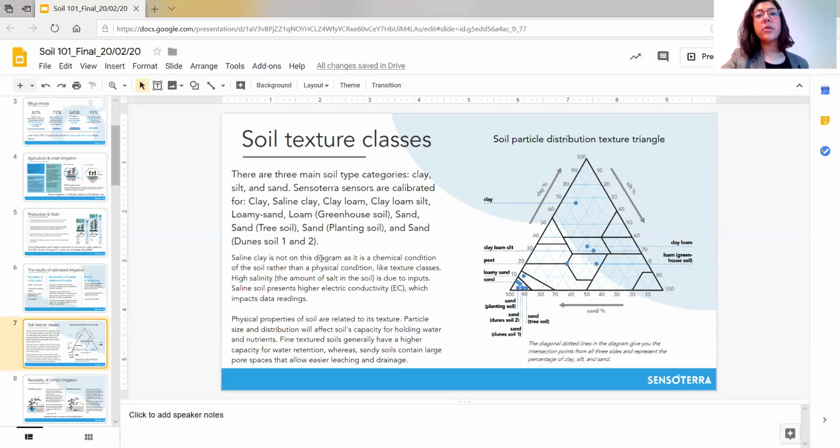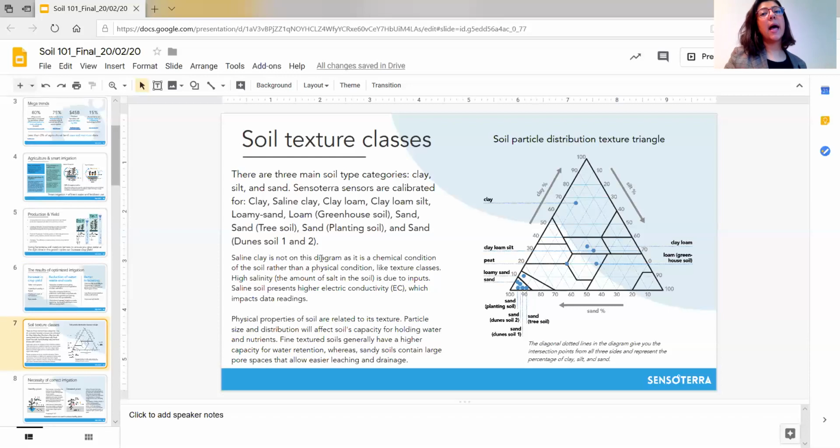Nowadays, Sensoterra is working with 12 different calibrated soil types. So we have clay, saline clay, clay loam, silt, loamy sand, loam, greenhouse soil, sand, sand tree soil, sand planting soil, and sand dune soil 1 and dune soil 2.